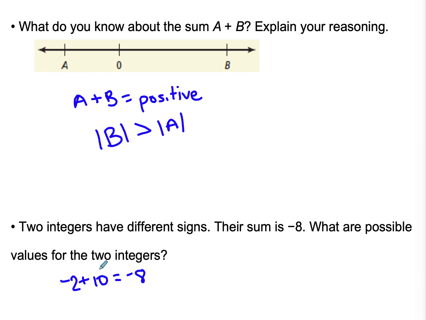And then I have, wait a minute. I had more positives. My answer is going to be positive. So I need to change this. I'm going to erase my signs. I'm going to make that a +2 and a -10 because I need more negatives if my sum is going to be negative. So I'm going to make that a -10. I'm going to make that a +2. And that's going to give me an answer of -8.